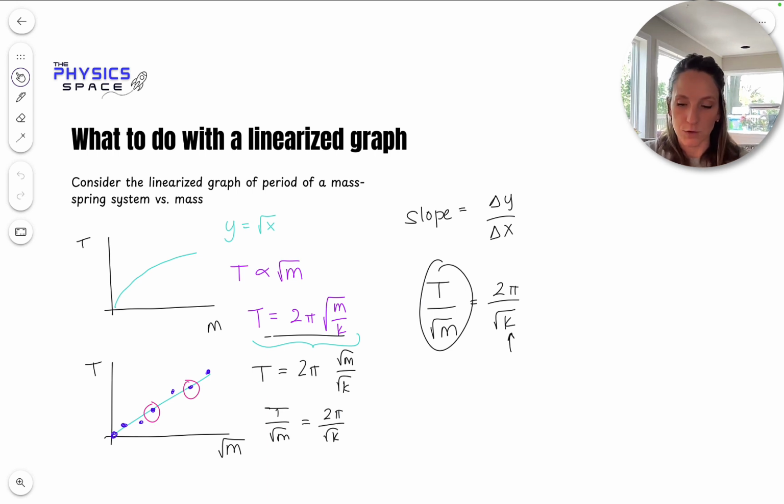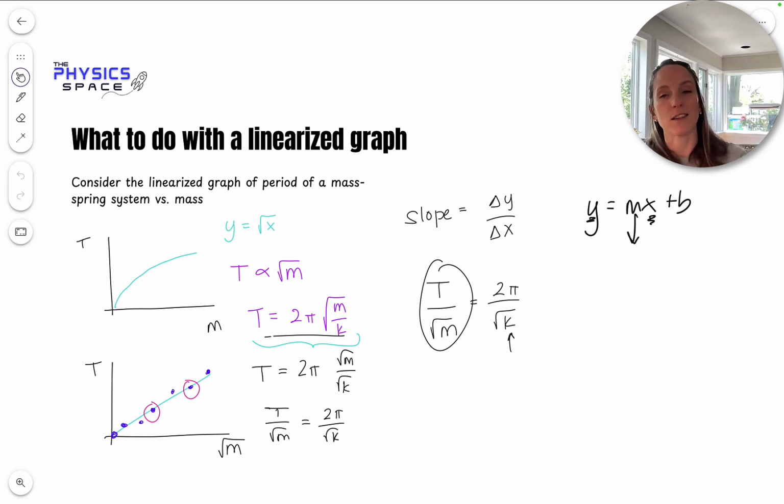So in this case, spring constant. Just another quick side note related to that is we do want to always look, if we have a linearized graph, for that y equals mx plus b setup, so that we can see what's on our y-axis, what's on our x-axis, and then what our slope represents. A lot of times our y-intercept will be 0.